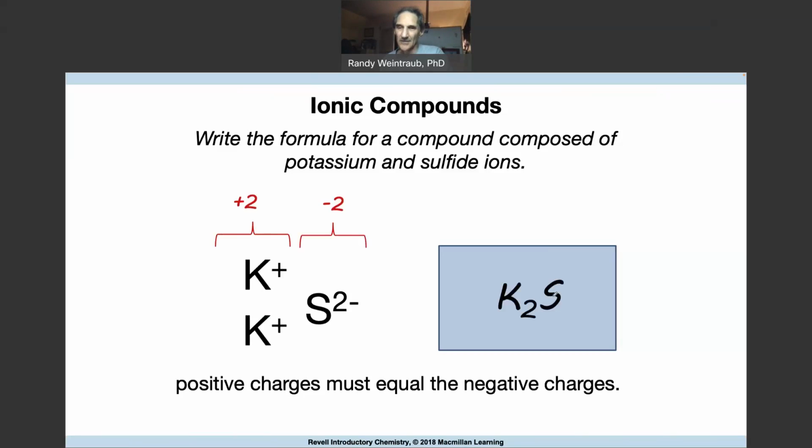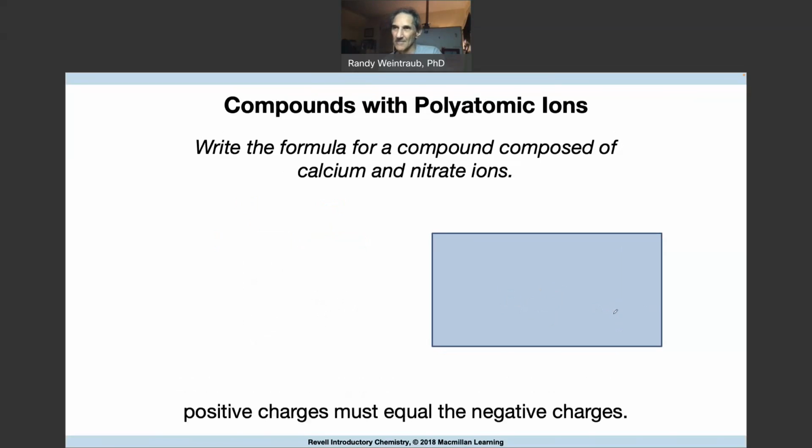So when writing the empirical formula for this ionic compound, we write K2S. We can also predict the formulas for ionic solids containing polyatomics.